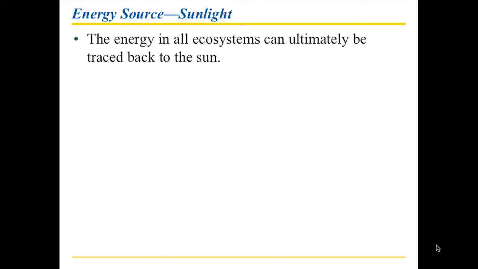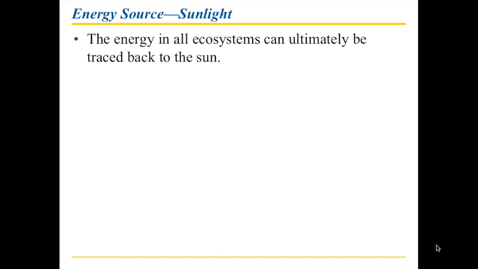Now, what kind of abiotic factors do organisms experience? There are some very fundamental ones. For example, what energy source an organism has. Now, ultimately, when we look at energy and where energy on our planet comes from, ultimately it all comes from the sun.